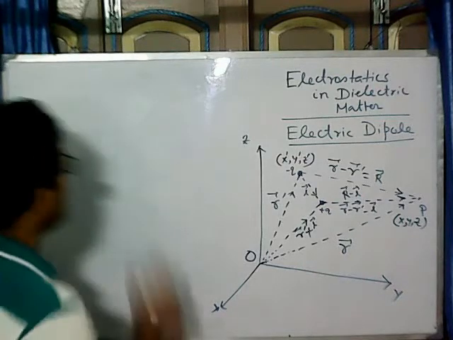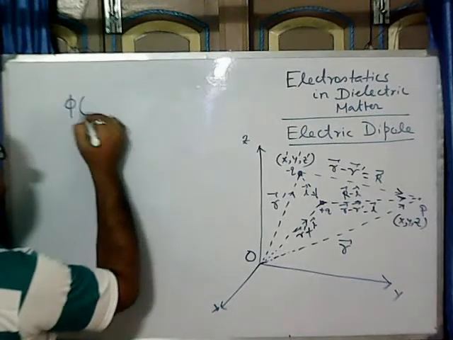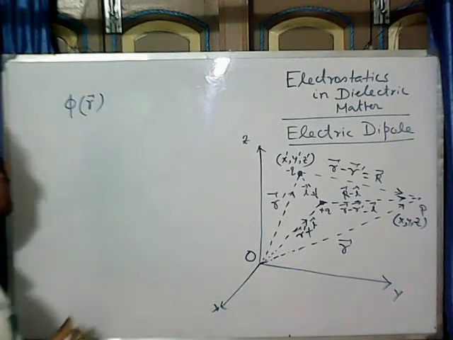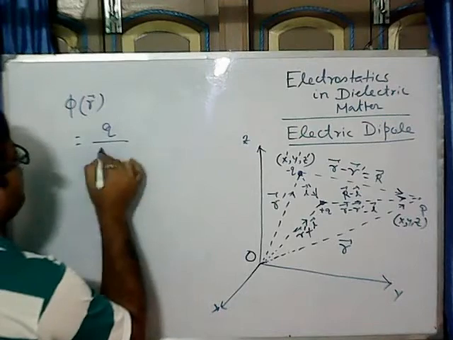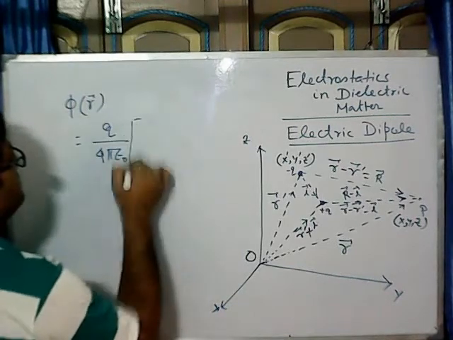So we can write the potential phi of r as q by 4 pi epsilon naught.